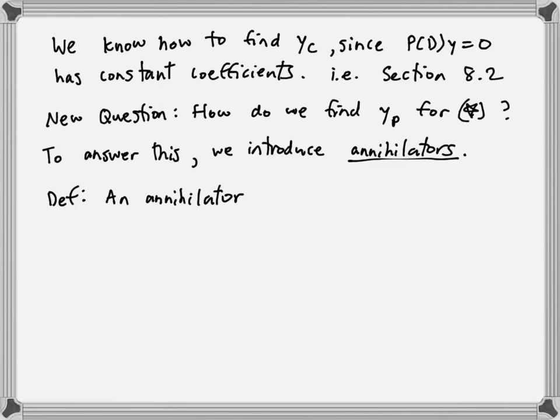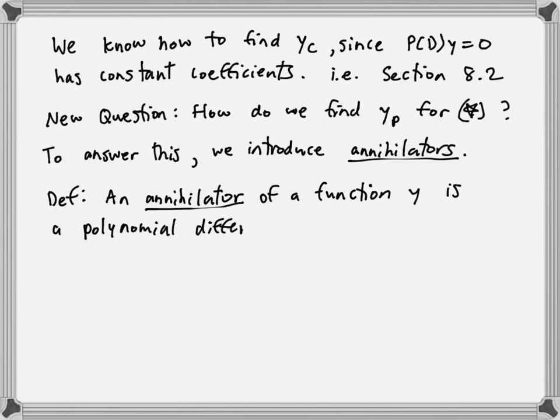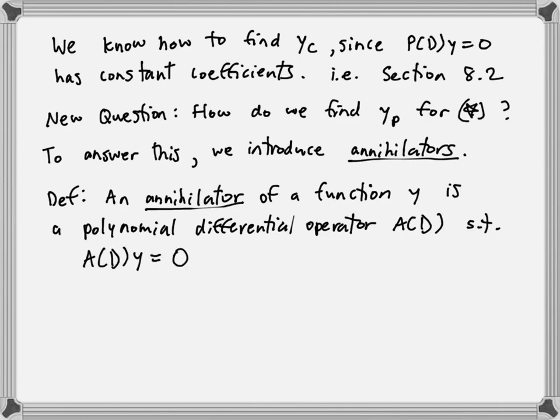An annihilator of a function y is a polynomial differential operator A of D such that A of D applied to y is equal to 0.